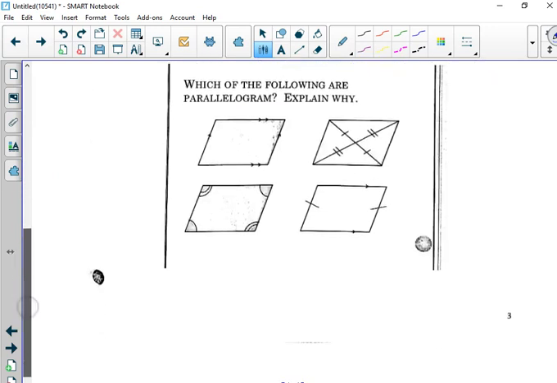Last but not least, which of the following are parallelograms? Well, parallel, parallel, check. Opposite angles are equal, check.